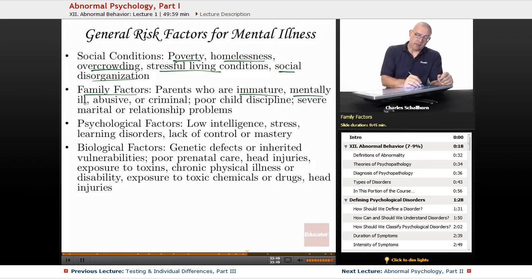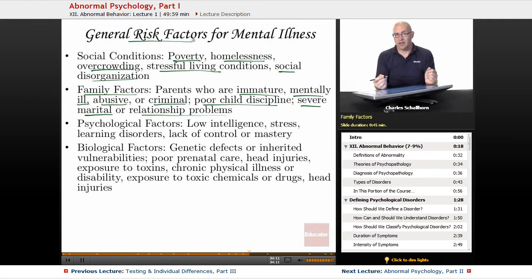When you have parents who are mentally ill, parents who are abusive, parents who are criminal, parents who have poor child discipline. And by discipline, I mean structure. Not that they hit their kids, but that they have structure for their kids. And also family factors where you have severe marital or relationship problems. Those are other factors that help increase the risk for us having mental disorders.